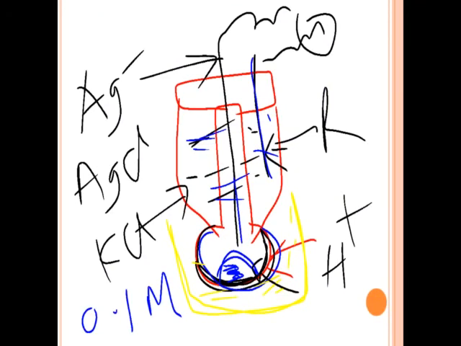The potential difference can be measured, and it depends upon the concentration of H plus ions which enter into the glass electrode. Okay, so this is about the construction and working of the glass electrode.